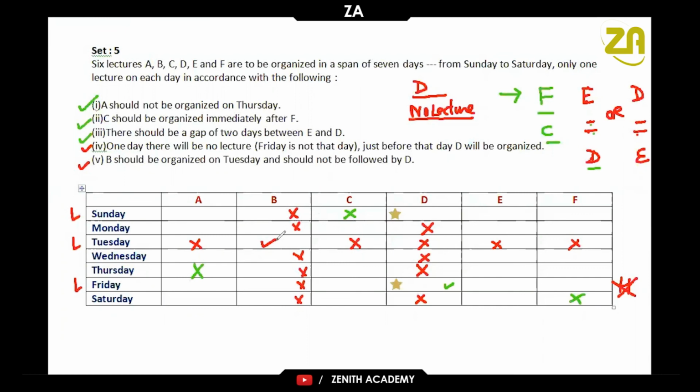Tuesday is lecture B. So it means if you take D on Friday, then this is not a possible case. So you cannot take D on Friday.